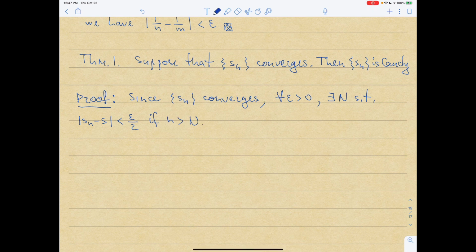Again, in the definition of convergence, definition of a limit, I can always put whatever number I want here.